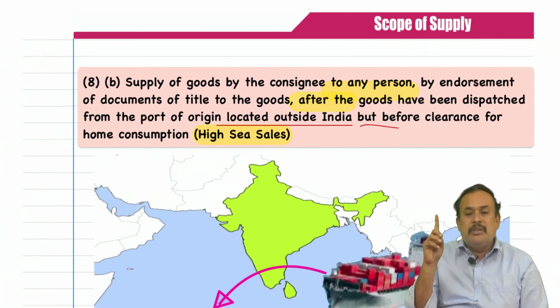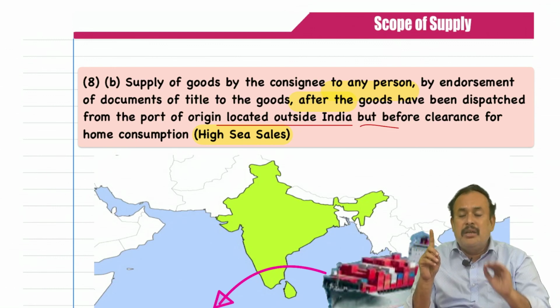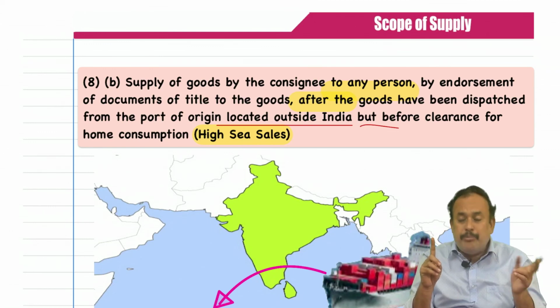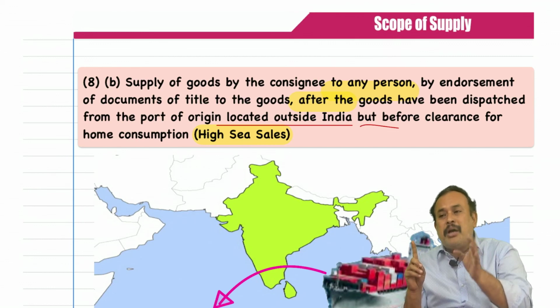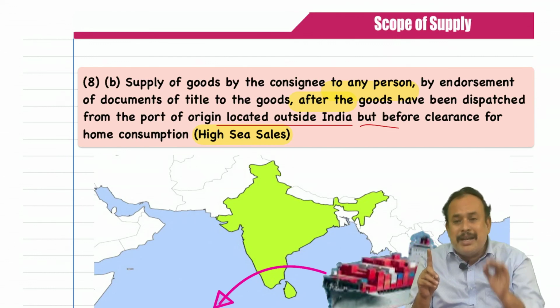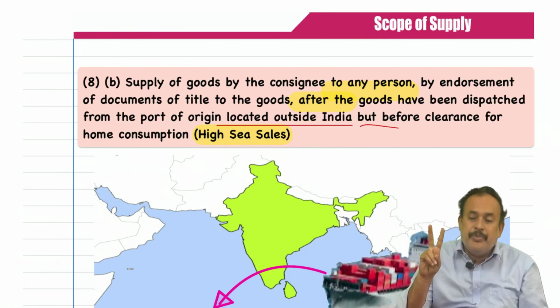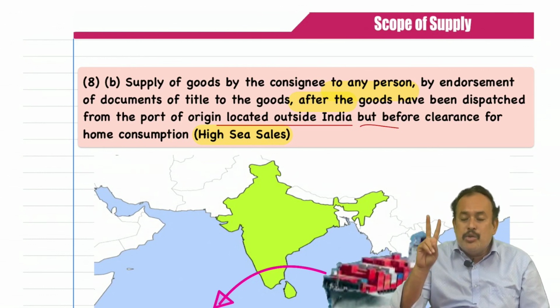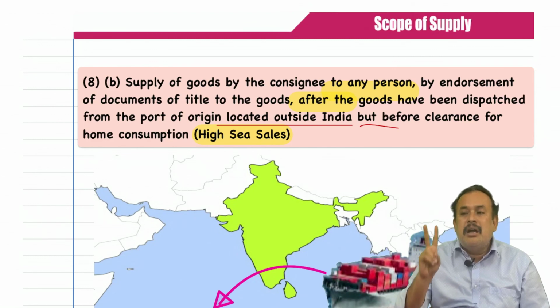Point number 1: supply of services by an employee to his employer in the course of or in relation to his employment. Supply excludes. Point number 2: fee payable to a court or tribunal, including consumer dispute redressal commission, is not a supply.